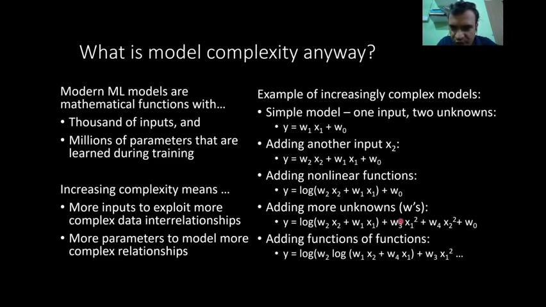and because you have more terms, you have more weights that are to be determined during the learning process. So all these weights have to be determined during the learning process, and the model becomes more complex. And then you can add functions inside functions, so that becomes layers of functions, which is what a neural network is. So that way you can keep increasing the complexity of the model.